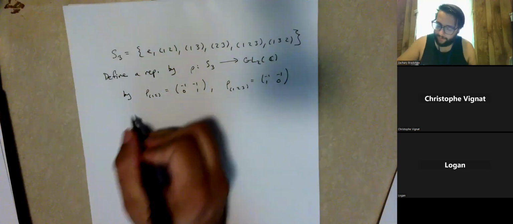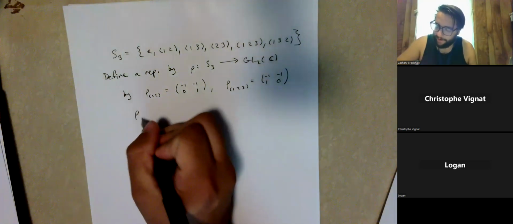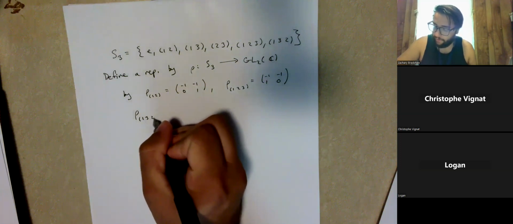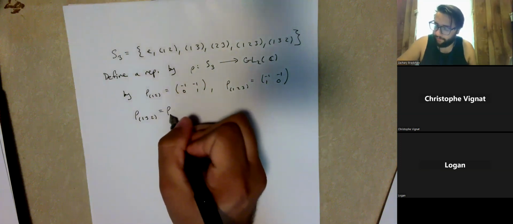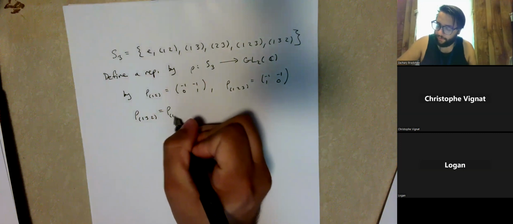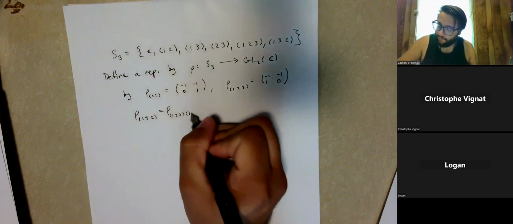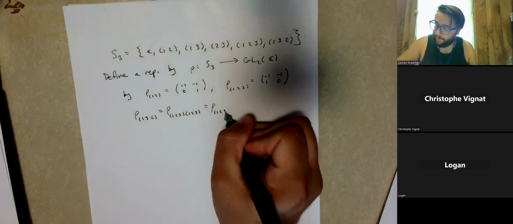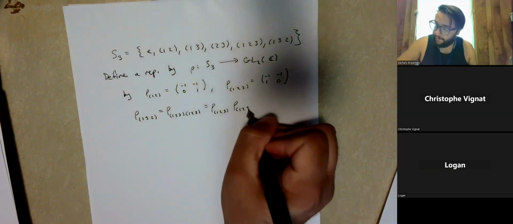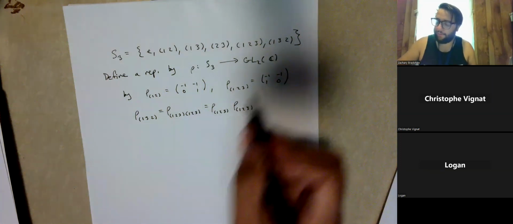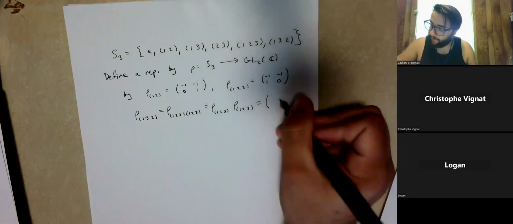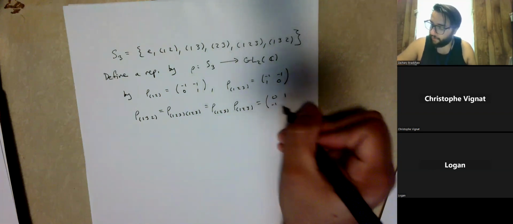But let's just, to be extremely explicit, write out what everything is. So rho of (1 3 2), we get this one from the fact that this is (1 2 3) times (1 2 3), which is rho of (1 2 3) times rho of (1 2 3). And now we just multiply the matrices. Okay? And what do we get? Let's see, we get [[0, 1], [-1, -1]].